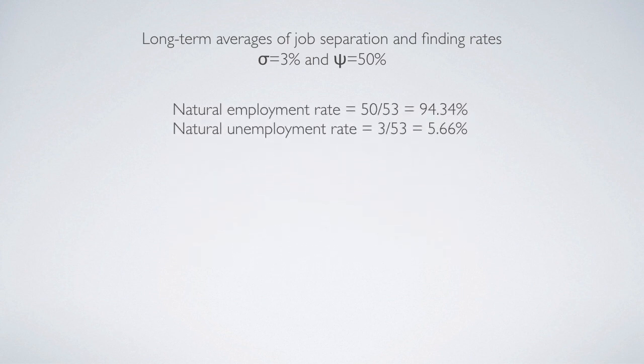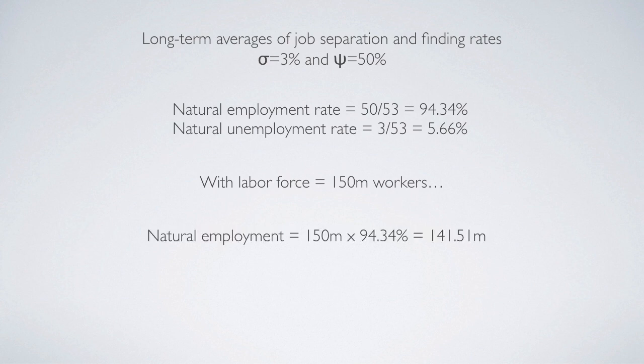So when we obtain these two rates, we can calculate the total number of employed and unemployed in the long run. In our previous numerical example, our total labor force is equal to 150 million workers.